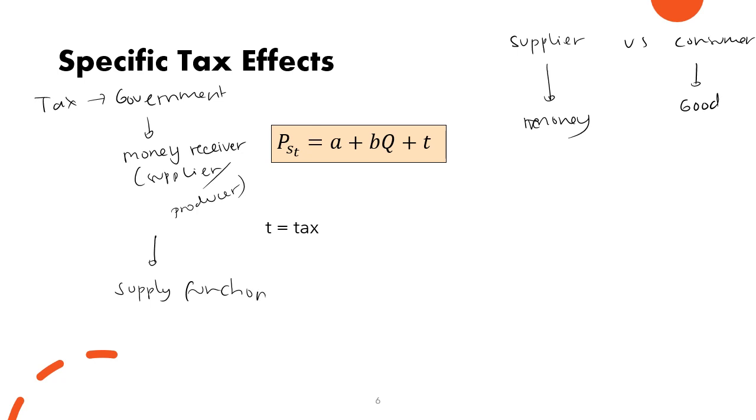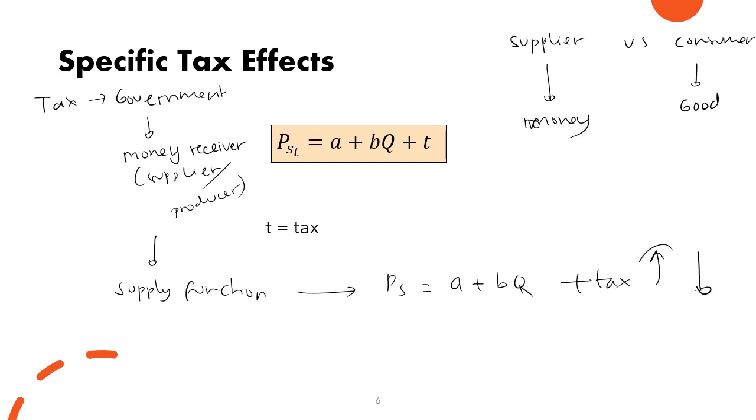Okay, now what's happened with the supply function? Our previous supply function is in this form. If tax is added, what do you think happens to the price? If it is taxed, is it going to be higher or lower?